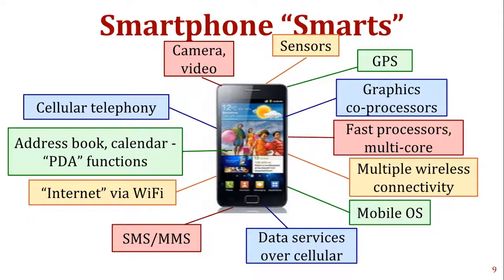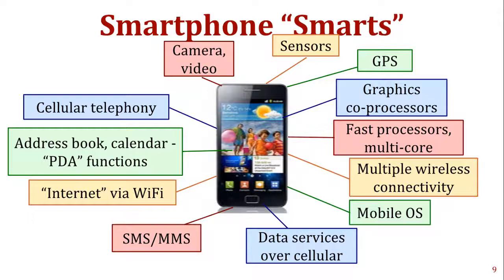And of course, smartphones can have multiple wireless connectivities. They have a mobile operating system. They have data services over cellular, and also lots of messaging services. They have address books, calendars, and also cellular telephony services.